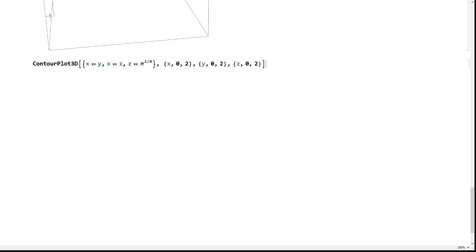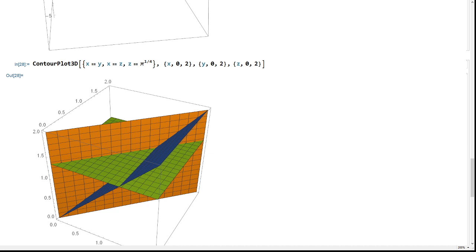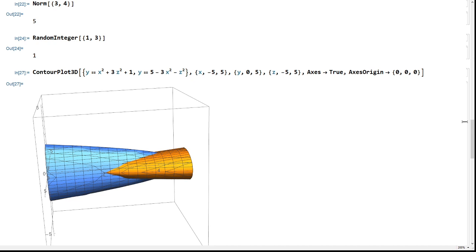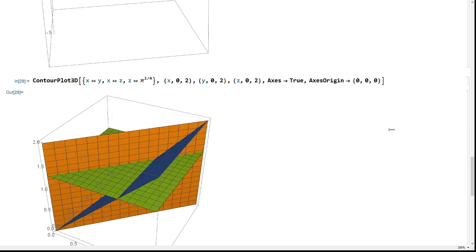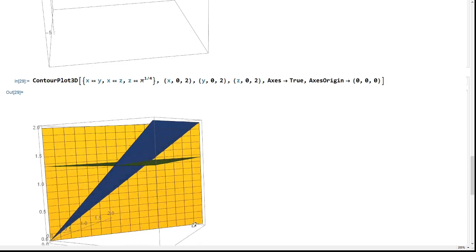All right, so let's see what that looks like. Let's get that in there.